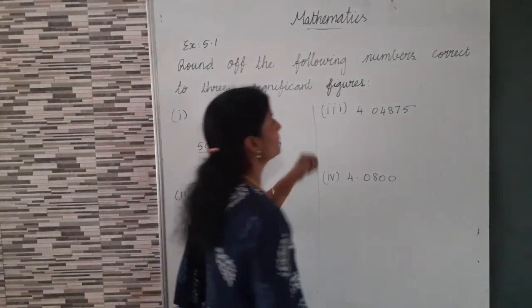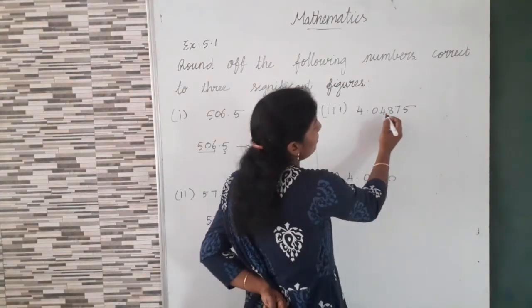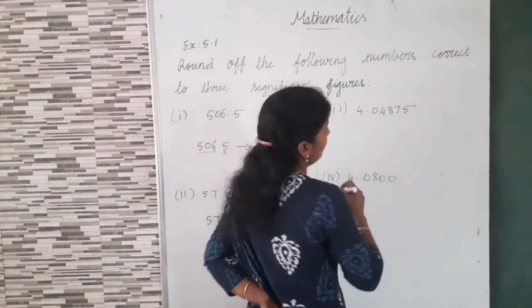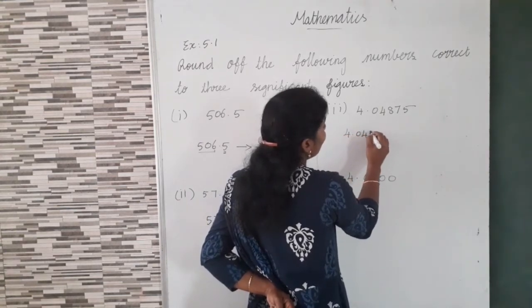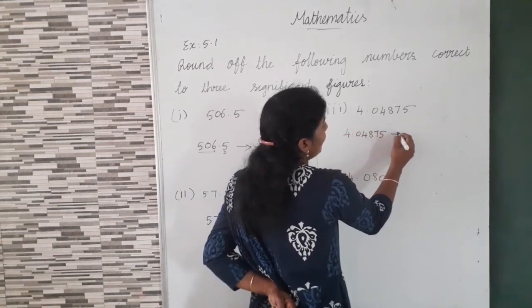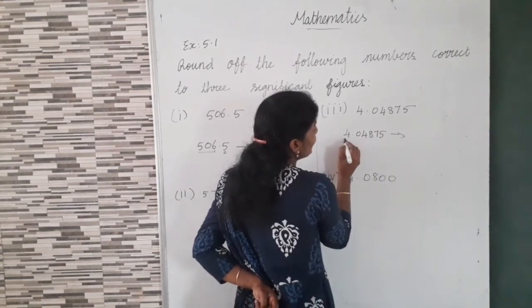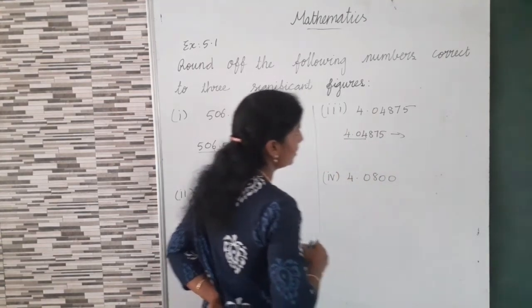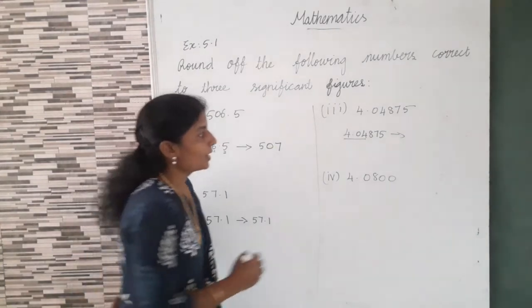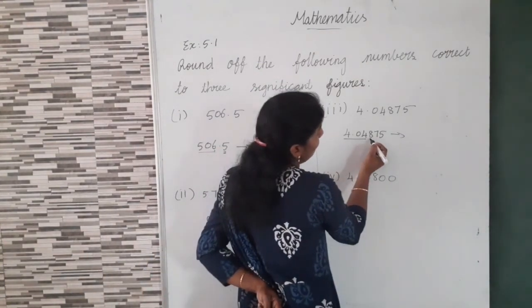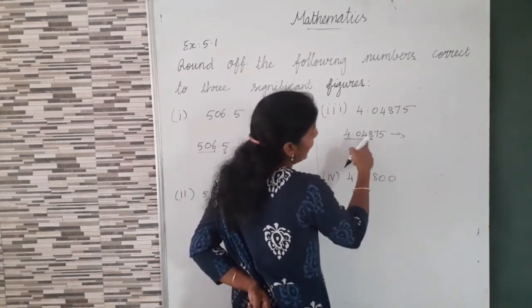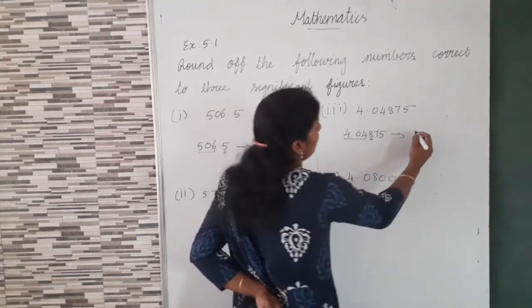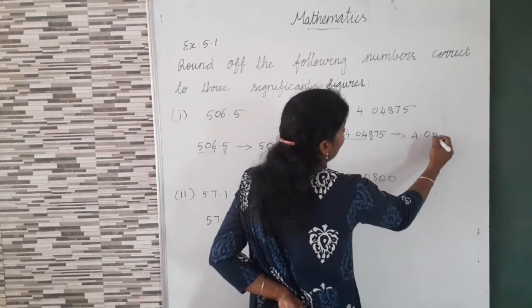Now the third one, 4.04875. Here 4.04875. Only 3 significant figures we need. Now here, this fourth one is 8, more than 5. So we can add here 1. Isn't it? 4.05 is the answer.